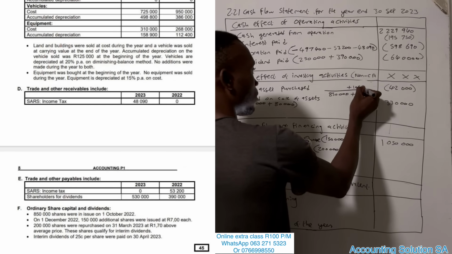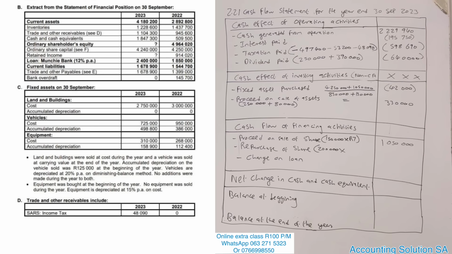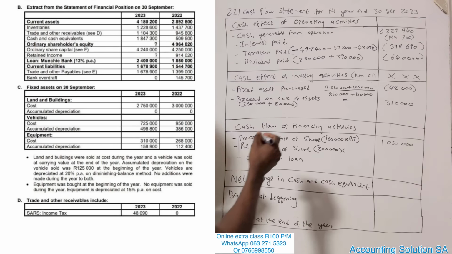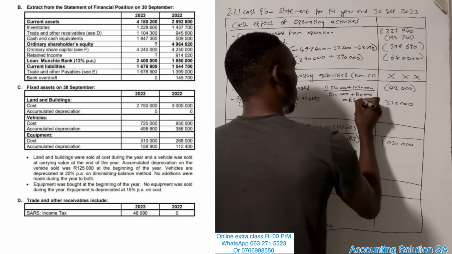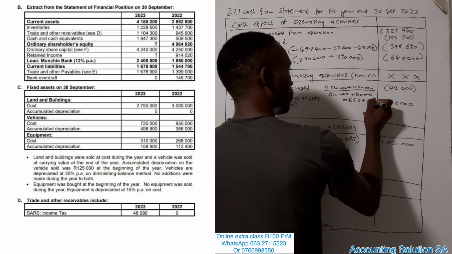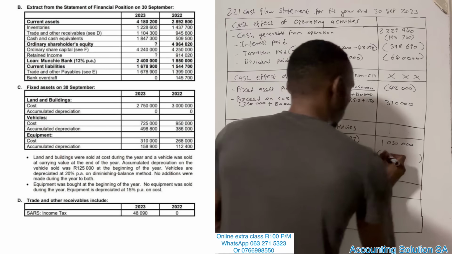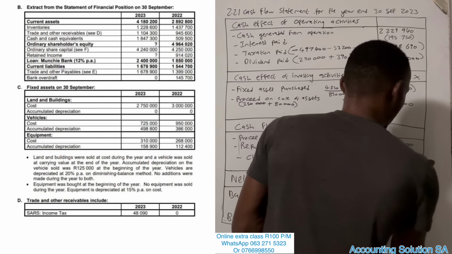Let me calculate. 5.30 plus 1 rand 70 of loss that is given. It's gonna give us 7 rand. Okay, because we repurchase share, it's going to be outflow. Outflow of how much? 1.4 million.